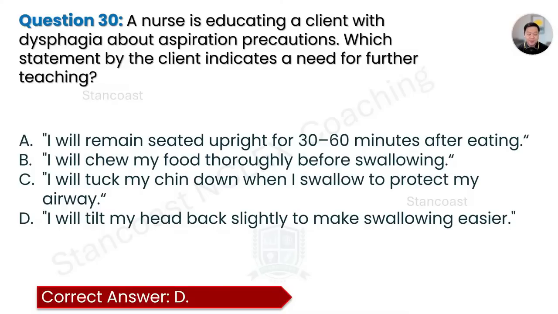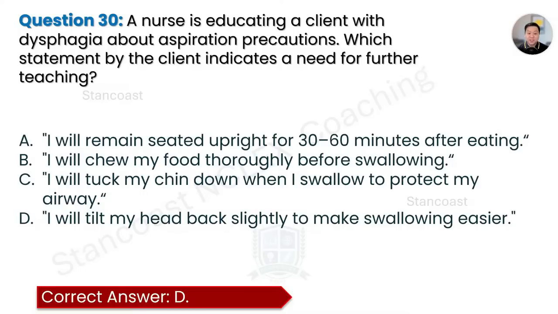So take note about our case. This is about a patient with dysphagia with aspiration precautions. Again, don't forget these basics in observing the precautions. Make sure your patient is sitting upright. Make sure that they tuck their chin before they're swallowing.